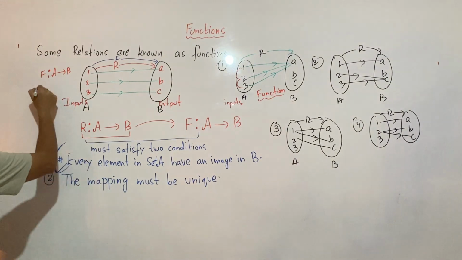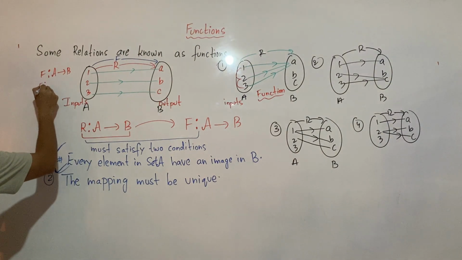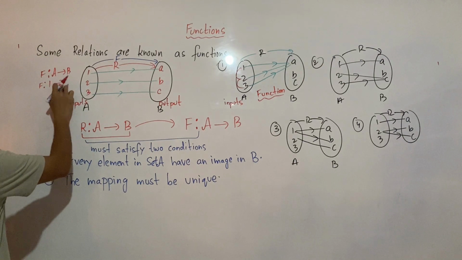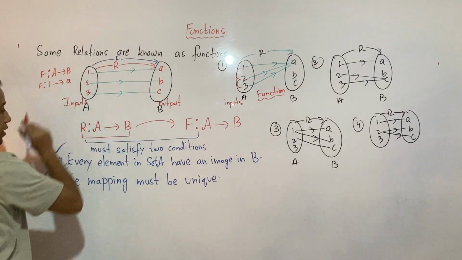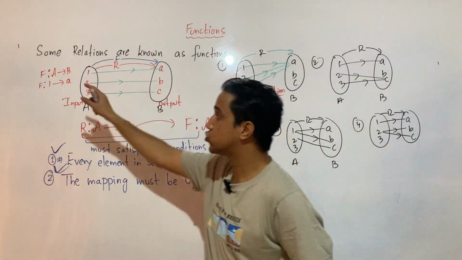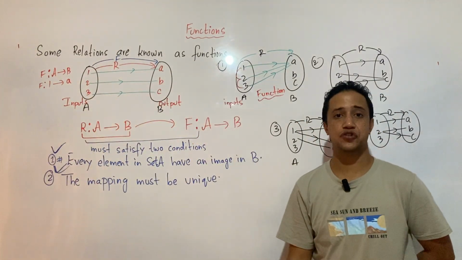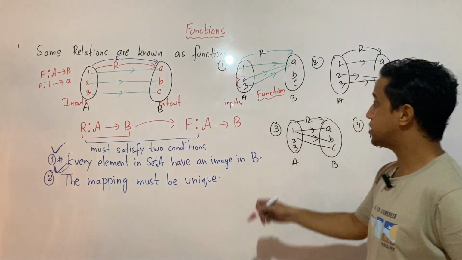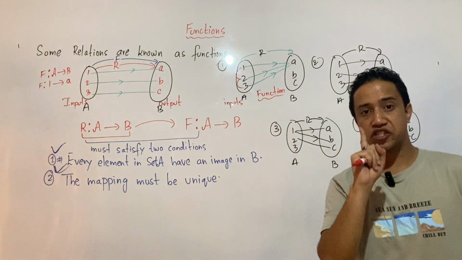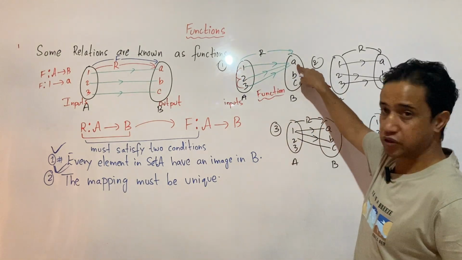For example, if you give it input 1, then it will process it and give you output A. It cannot give you 2 outputs. If it gives you 2 outputs, then it is not a function. As simple as that. Now see here, your input is 1 and your output is 1, 2.